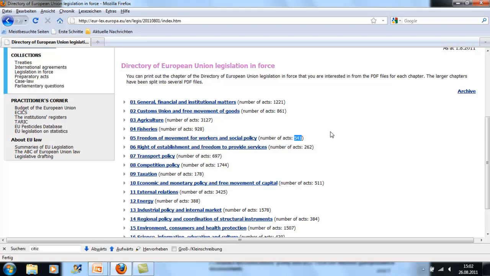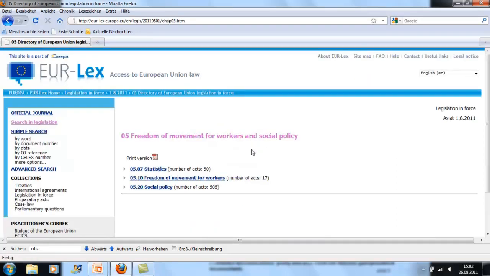So let's say we want to know if there is a special provision on the rights of EU citizens to move and reside freely within the territory of the EU. Click on Chapter 5. And then on subsection 10.